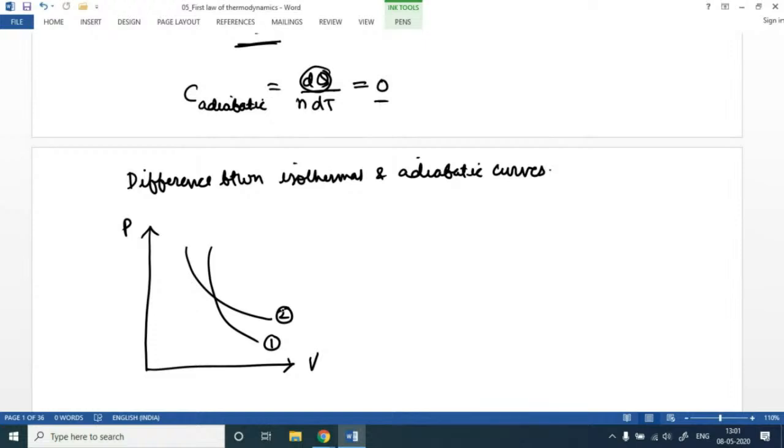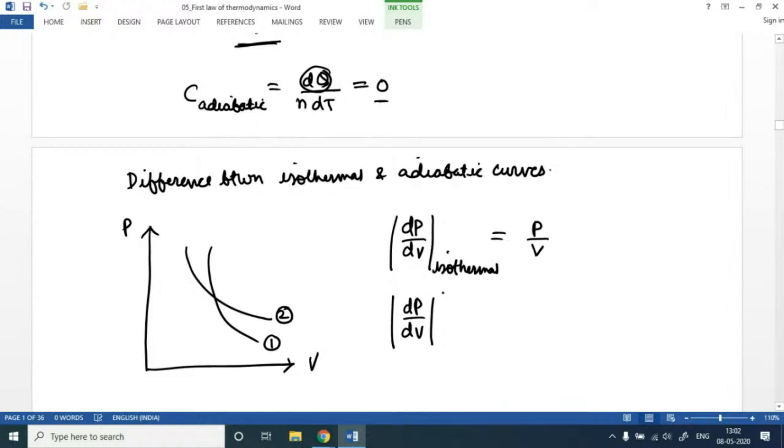We will be able to do that, you must understand, from the slope of the curve. So dp by dv, and let's take its absolute value, because dp by dv is a negative quantity for both isothermal and adiabatic. For an isothermal process, we have learnt already that it is minus p by v, so its absolute value will simply be p by v. And dp by dv for an adiabatic process is going to be gamma p by v, and gamma is a quantity greater than 1, because Cp is always greater than Cv.